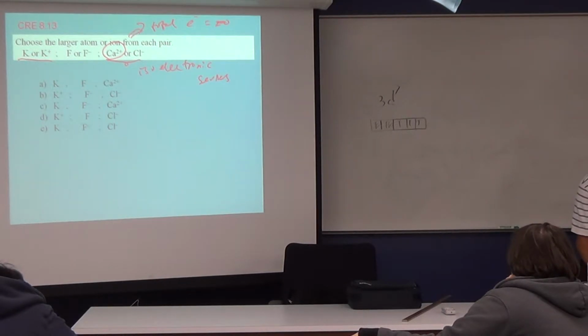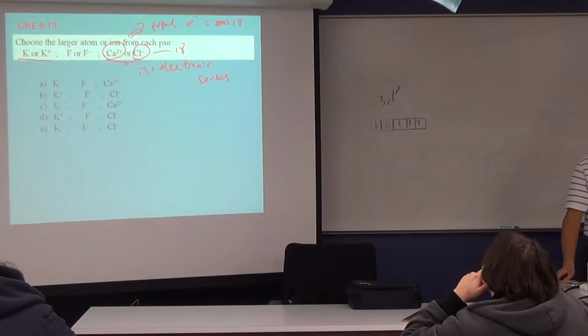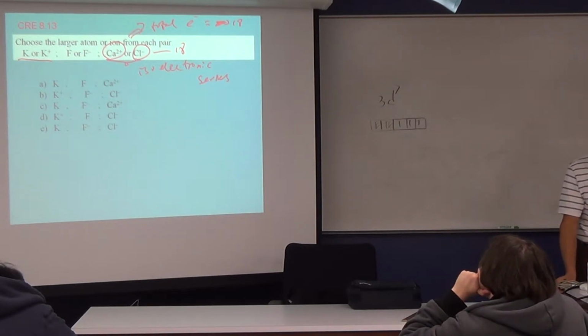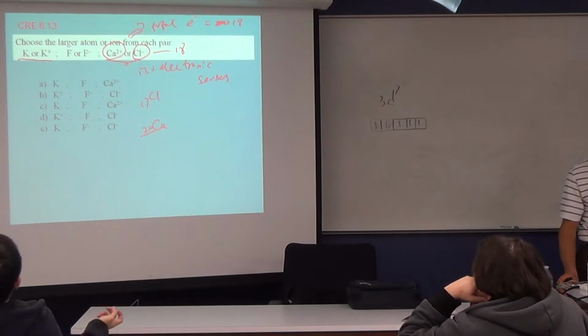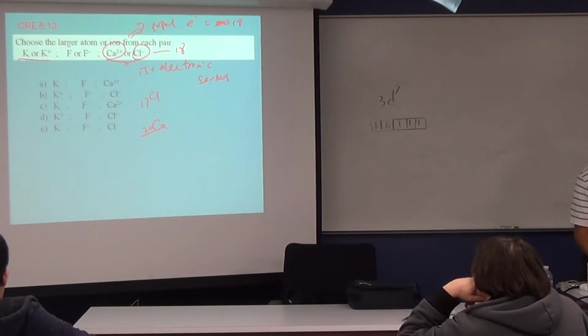This one has 18 also, so they have the same number of electrons. Then who has the larger atomic number? Cl is 17, and Ca is 20. The one that has the larger atomic number is smaller. So therefore this Cl negative is bigger. I think this makes sense, right?